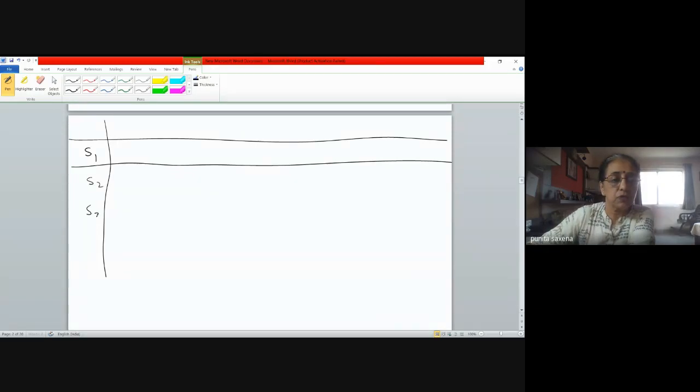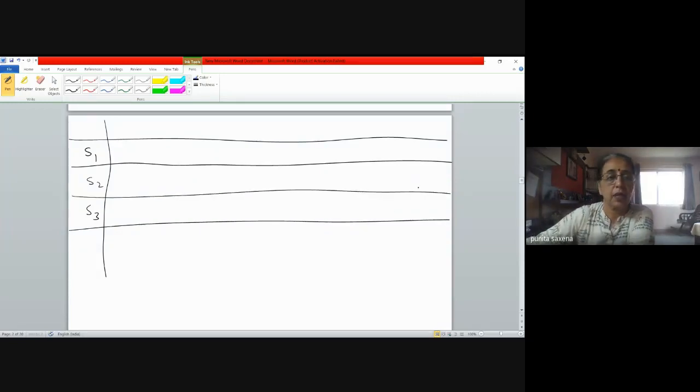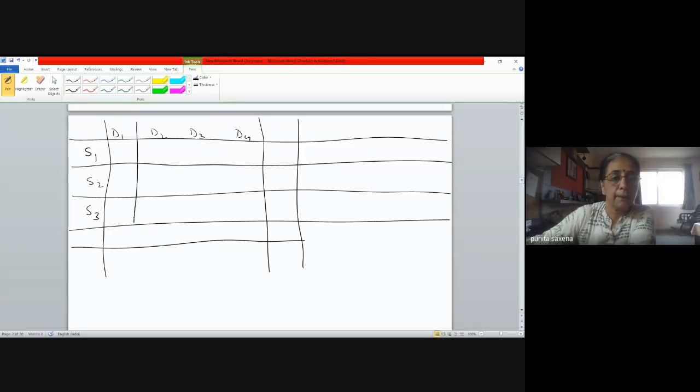S1, S2, S3. These were the three sources. And these are the four destinations, D1, D2, D3, D4. This is the same problem I'm taking. I'm not changing the problem.